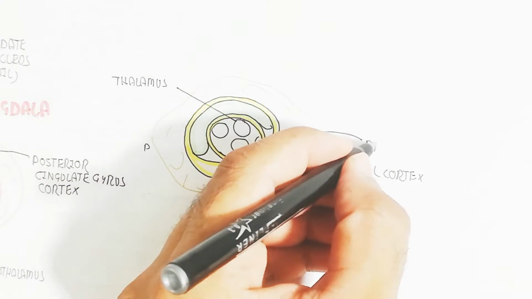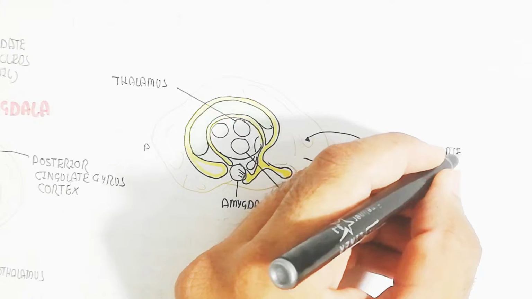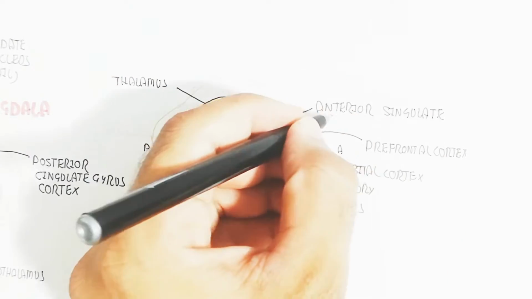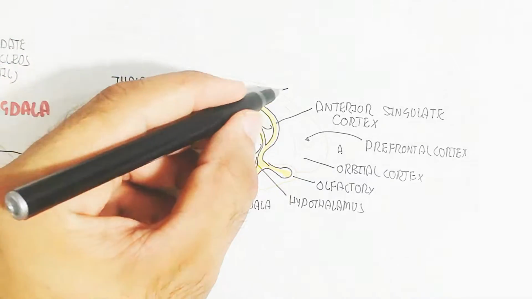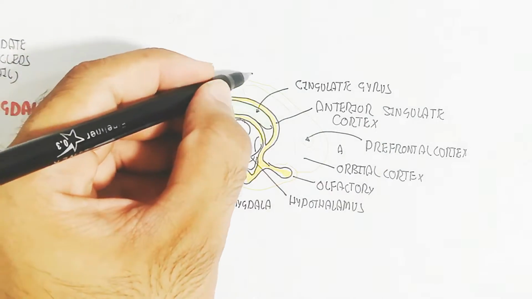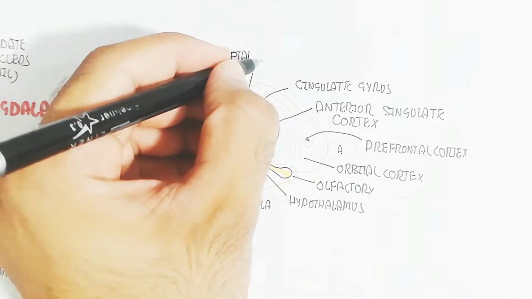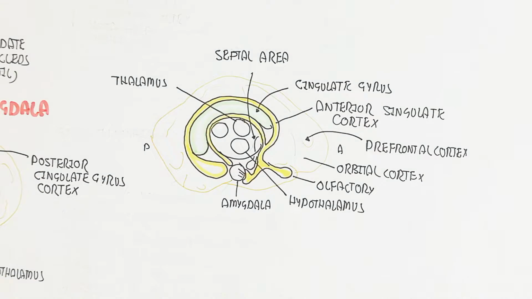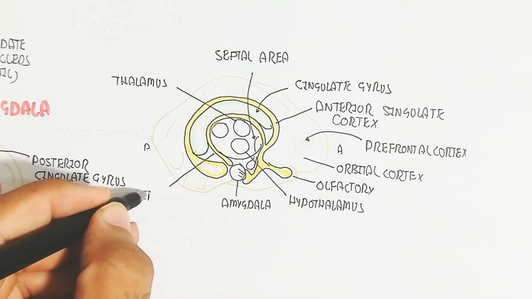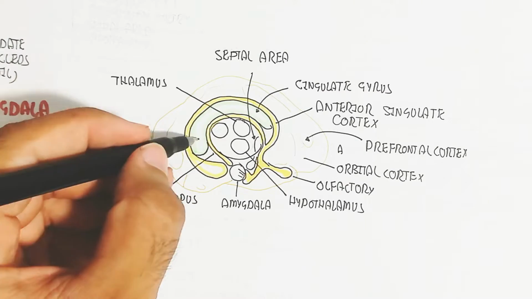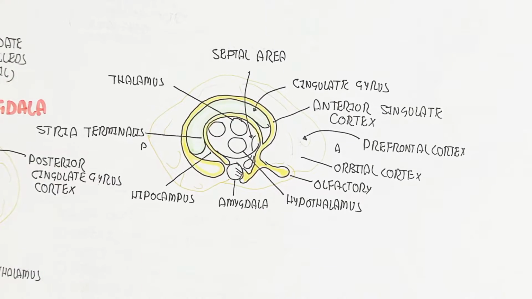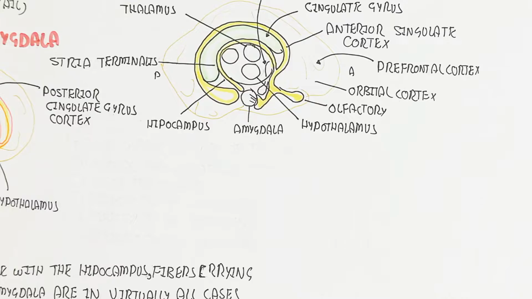The orbital cortex is also an input, the prefrontal cortex is also an input, and the anterior cingulate cortex containing the cingulate gyrus is also an input. All of these are inputs. Here is the septal area, and here you can see the hippocampus. The hippocampus is used for thirst, hunger and tolerance.